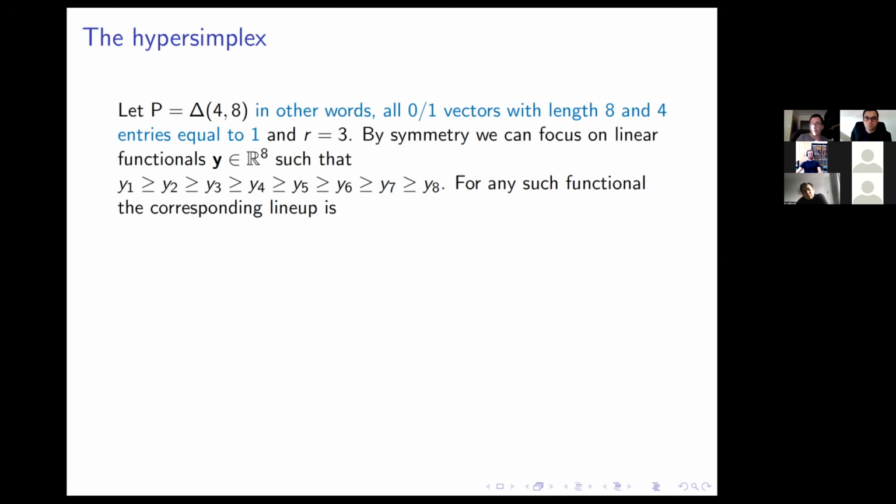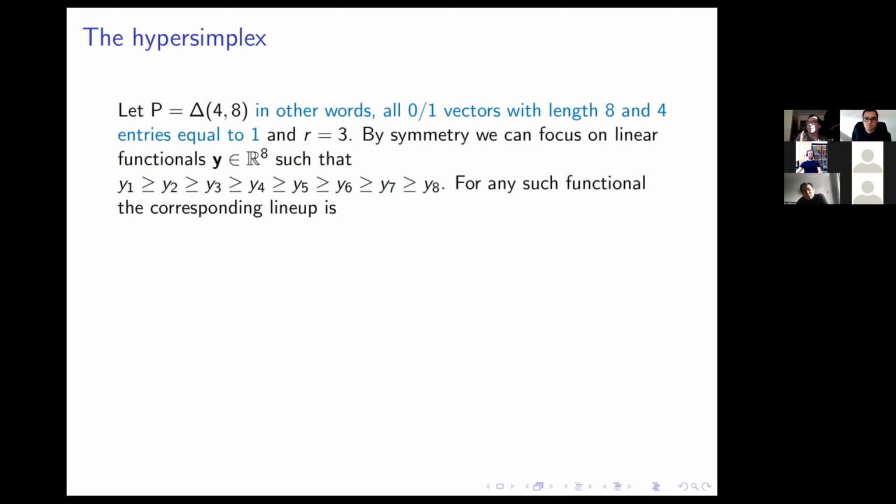And by symmetry, everything here is symmetric, so I'm going to take a linear functional. In this case, a linear functional is simply the dot product. So I have 8 entries, and I'm doing the dot product with this linear functional, and I'm going to order them decreasingly. By symmetry, I can restrict to this case.